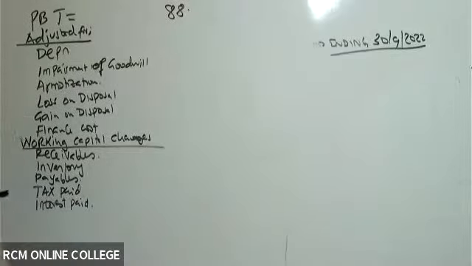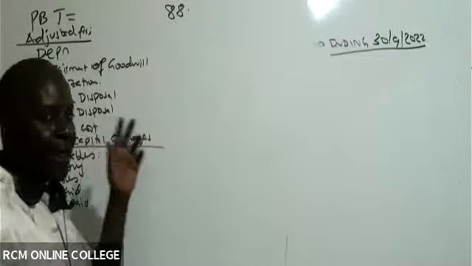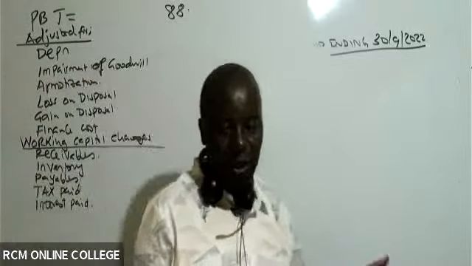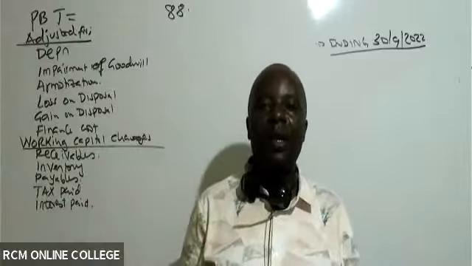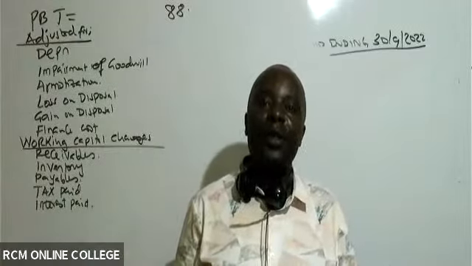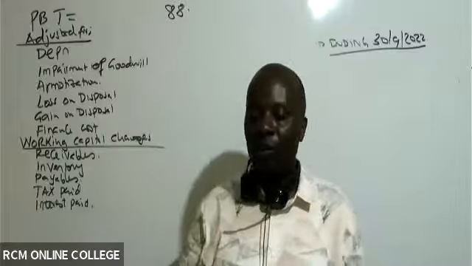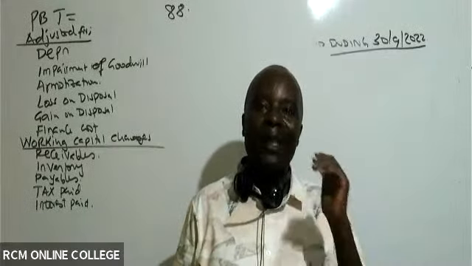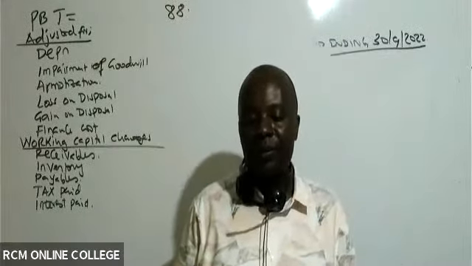So remember, interest paid is normally arguable. You could either put it under operations, or you take it under the financing activities. Interest paid is arguable. You can decide either to put it here or under financing activities. You can never be wrong.